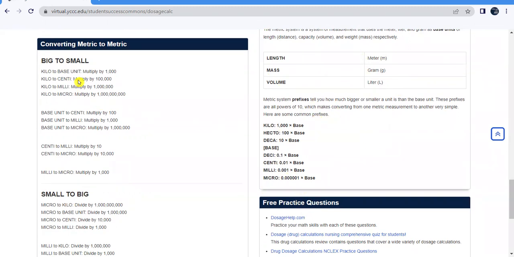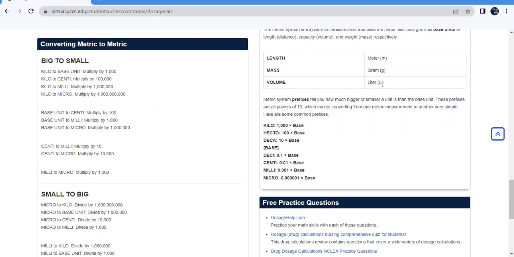So you'll see a couple of examples here, or conversion factors here. So if you need to go from, let's say, kilograms to just grams, you would use this one here, kilo to base, because grams is a base unit. So to go from kilograms to grams, you would multiply the kilograms by 1,000. It's pretty easy.